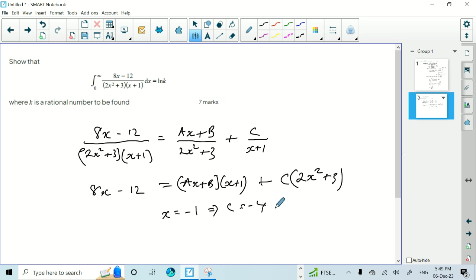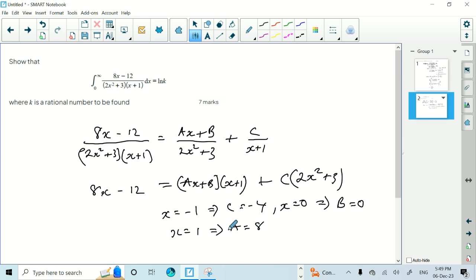And therefore, when x is equal to 0, that implies that b will be equal to 0 as well. And when x equals 1, that implies that a is equal to 8.